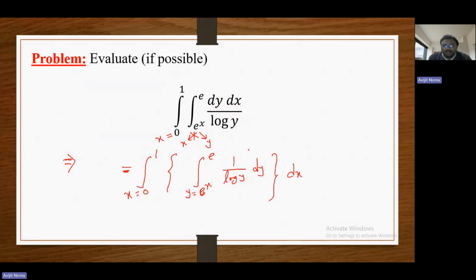But the main point of concern is: can we integrate 1 by log y with respect to y easily? This is a question. According to higher secondary level knowledge, or up to the first semester engineering mathematics, we cannot find the value of this integration easily.